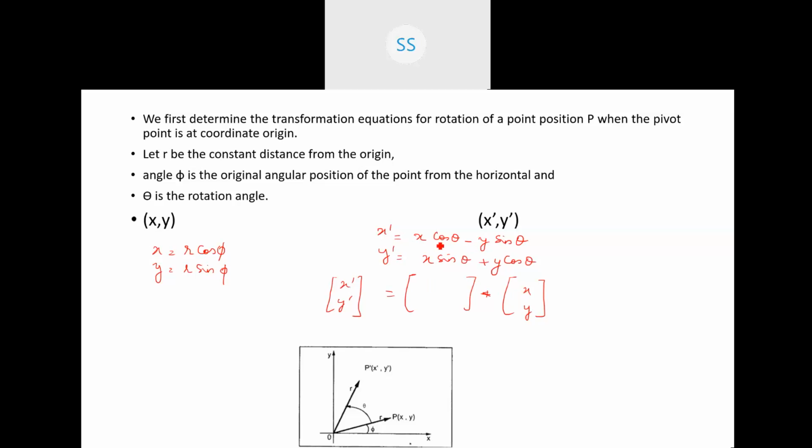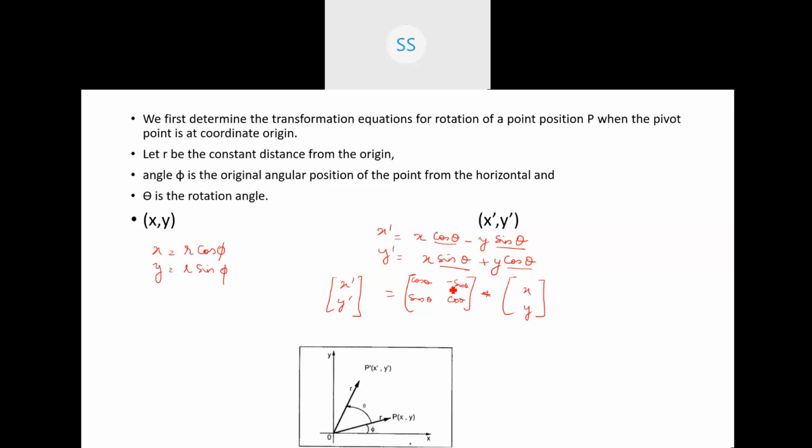Now look here, you have cos theta, sin theta. So I can simply write it as cos theta. Here it is a minus symbol, so I write minus sin theta. Here it is sin theta, so I write sin theta. Here it is cos theta.